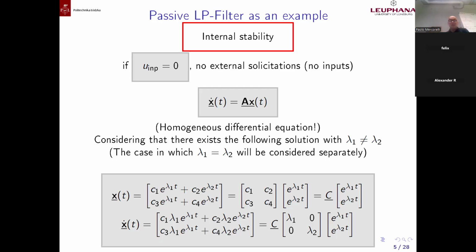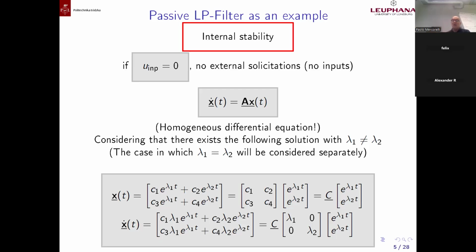Again, the hypothesis here is that lambda 1 is different to lambda 2. We have two eigenvalues because we have two equations. Probably you have seen this in math. But let me assume that lambda 1 is not equal to lambda 2.